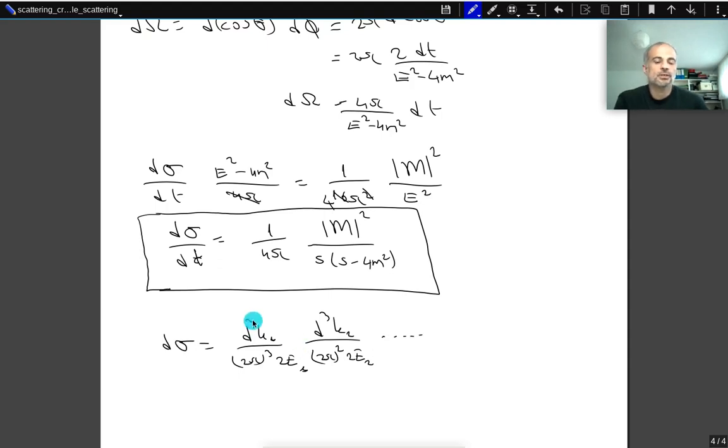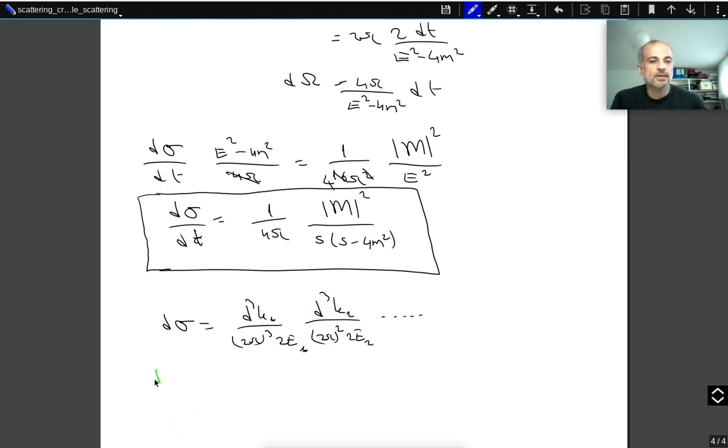Here, by carrying out these integrals, we are summing over all distinct final states. But if the particles are identical, exchanging K1 and K2 doesn't give us a different state. It's basically the same state. So we shouldn't count the exchanges of K1 and K2 as separate final states. But that means we need to divide this d sigma by dt.